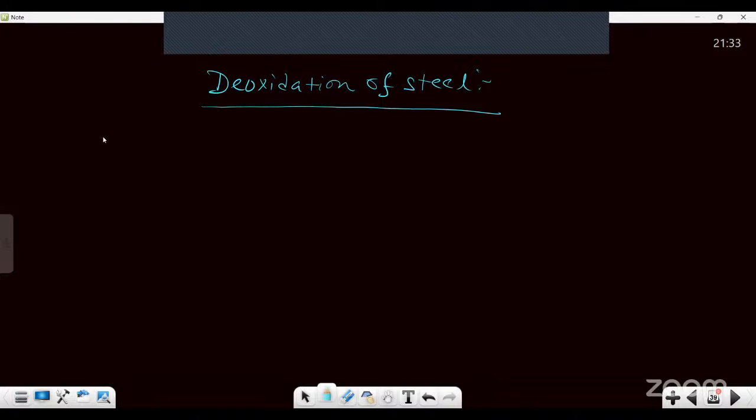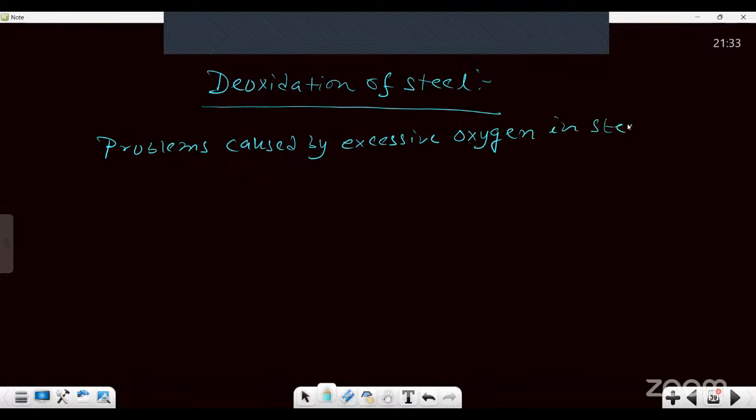So what are the problems? Let us first emphasize that. Problems caused by excessive oxygen in the steel. Please write it. So what are the problems? Blowholes or porosity.